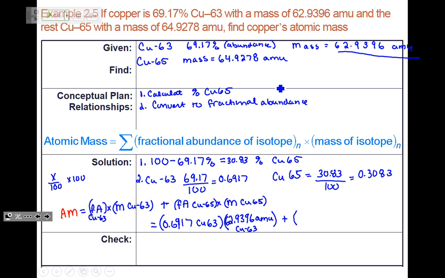Plus the fractional abundance, in this case that I calculated, for copper 65 times my mass of copper 65. So when I plug that in, that's the first term.